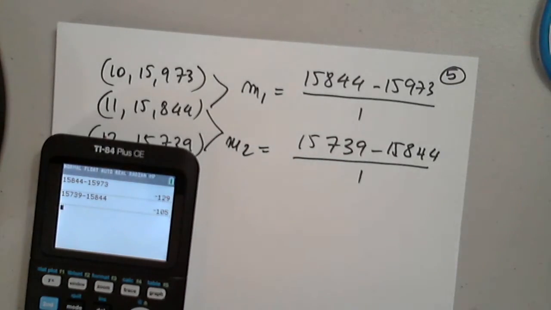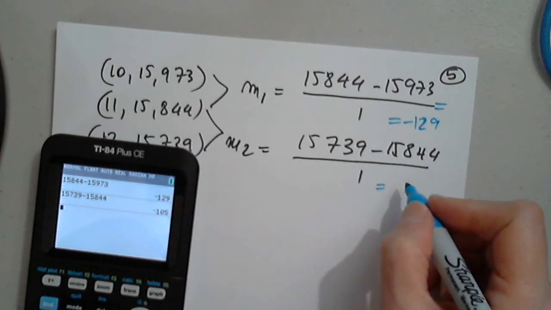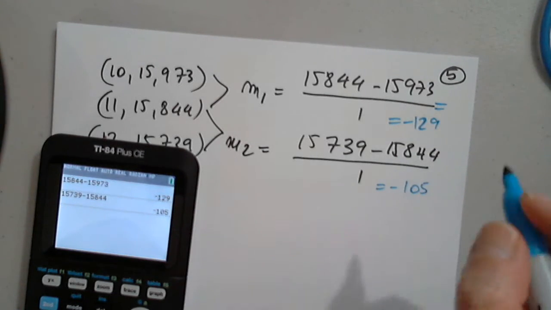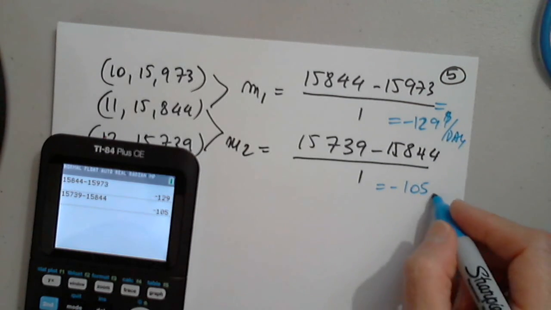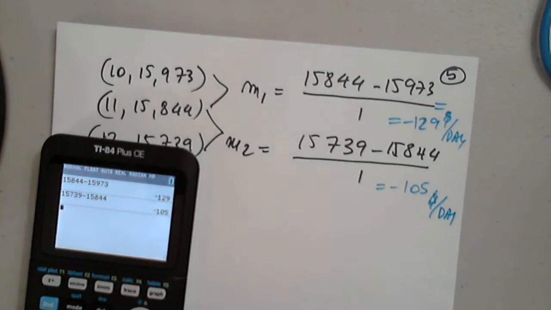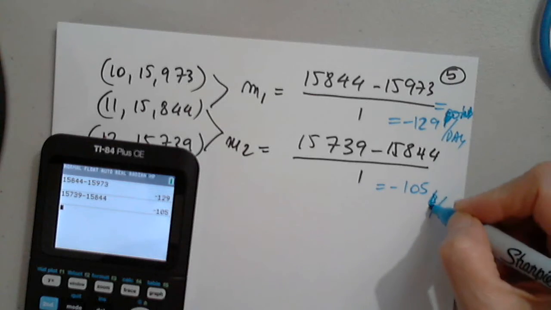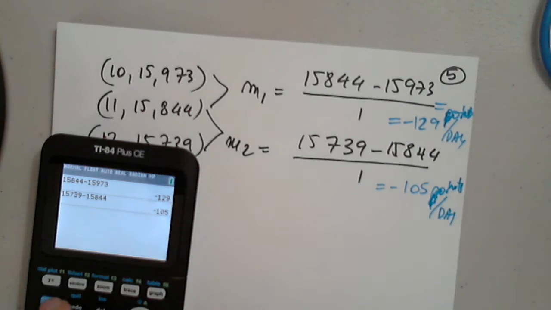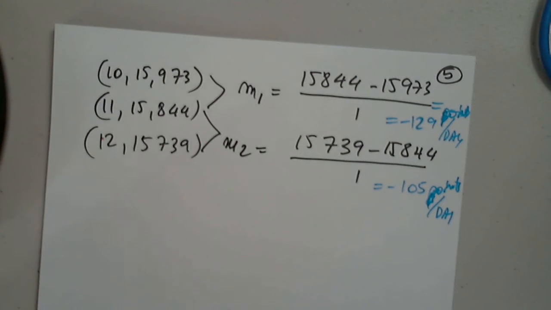So the first one is steeper. And this is points per day, not dollars, sorry. We're talking about Dow Jones. Yep, points per day. Good. Let's move on.